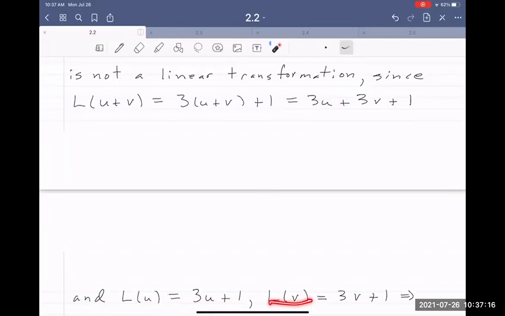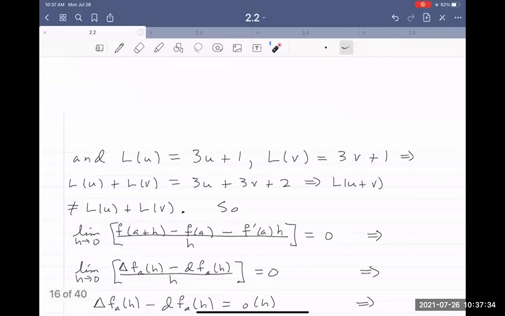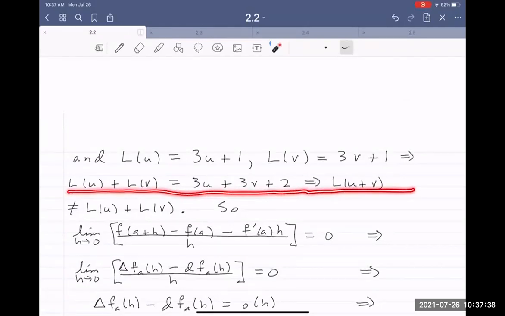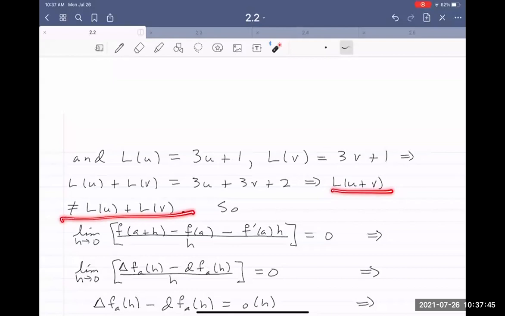L of V is 3V plus 1. But you only have one 1 here. You can't have the 1 for both this guy and this guy. So this 1 here can only go to one of these, not to both. So L of U plus L of V is 3U plus 3V plus 2, not 1. So L of U plus V is not equal to L(U) plus L(V).